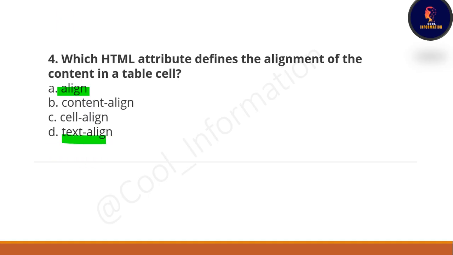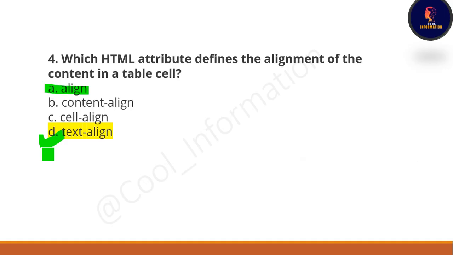Guys, here the correct option is option number D only, because in modern HTML, which is HTML5, we use the text align property to define the alignment of the content within a table cell. But historically we used the align attribute for defining the alignment of the content in the table cell. So according to modern HTML, which is HTML5, the correct option is option number D. So do not get confused with option number A.